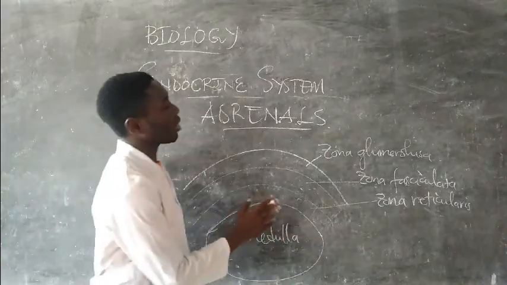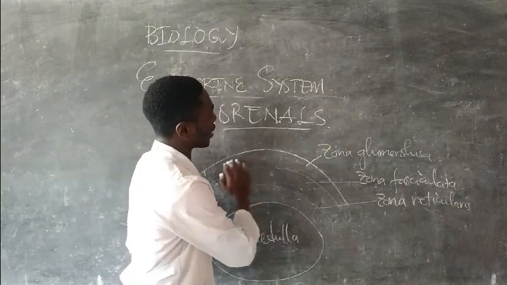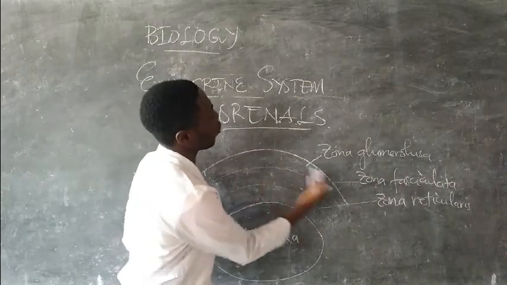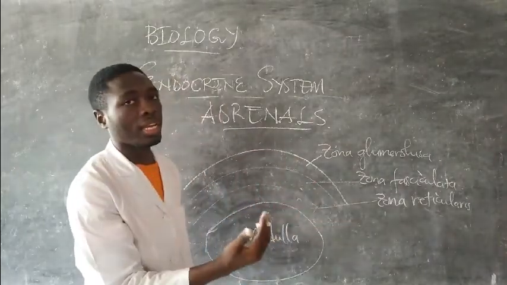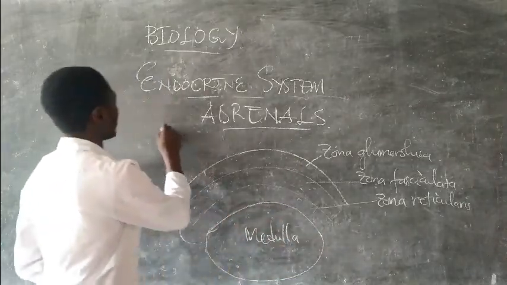Now, remember the hormone from the pituitary gland that acts here to influence the production of other hormones is the adrenocorticotropic hormone, ACTH.